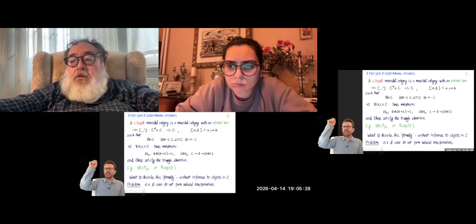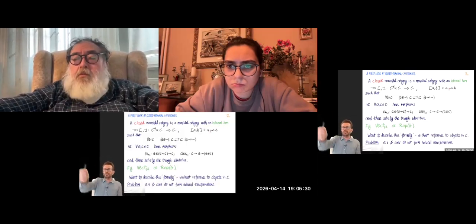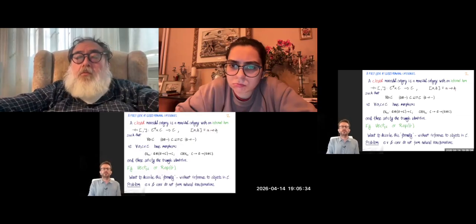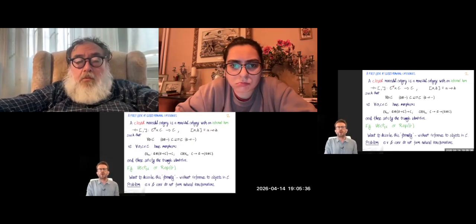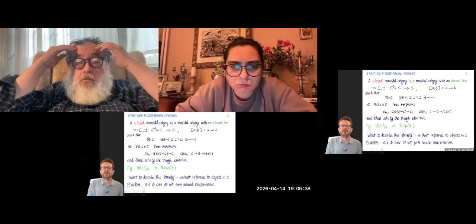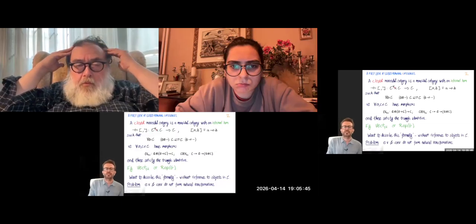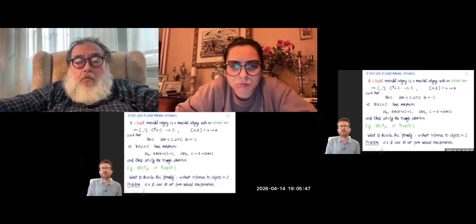Think of A holding a lollipop pointing at B. That's the internal hom from A to B. So this is a functor. I've just realized my M has turned into a C here. So C is going to be a monoidal category, but I'm giving it this extra structure, this internal hom. So we get a functor from C op cross C into C.